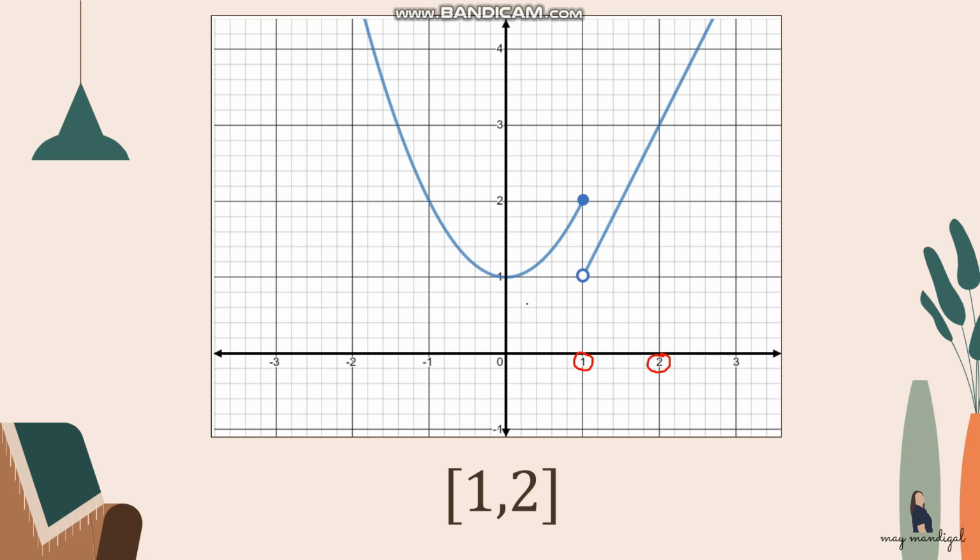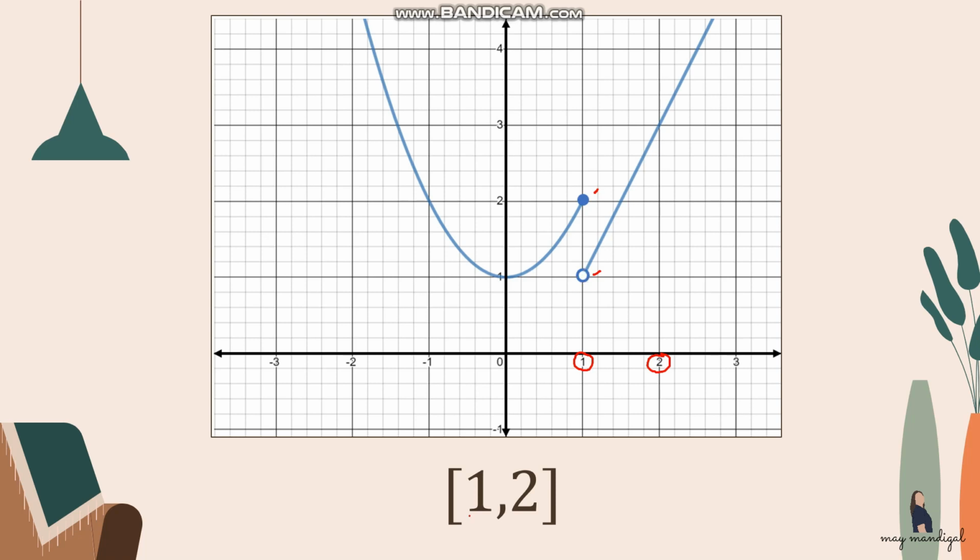Now where is our graph if x is equal to 1 and if x is equal to 2? Again, take note, the boundaries should be included. So all you have to do is look at the graph. So here, you will see for x equals 1, we have two choices. We have this and this one right here. So one is a shaded circle, the other one is unshaded. And from our discussion last time, if there is an unshaded part in a graph, that means that part is not included in our domain, or it's not included in the graph.